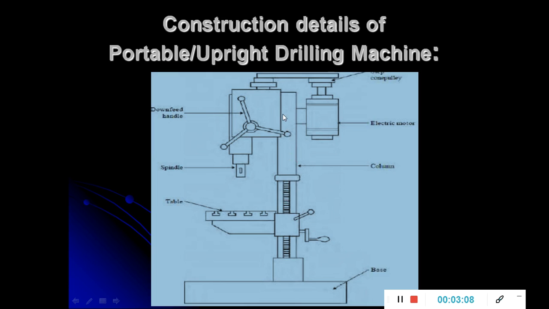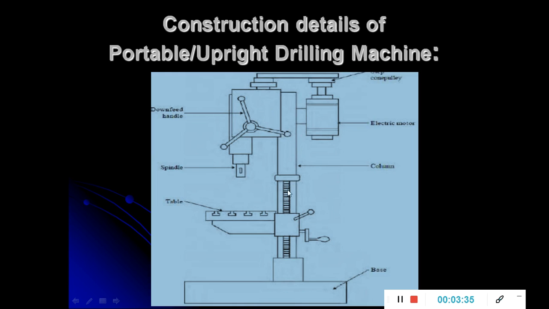At the upper position of the column, it is attached to the drill head in which the driving mechanism is incorporated. In the column, the lead screw is mounted. This screw is used for up and down movement of the table on the column to accommodate the different heights of workpieces.